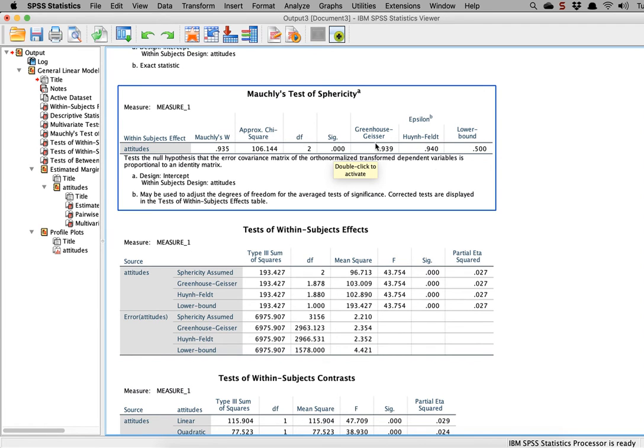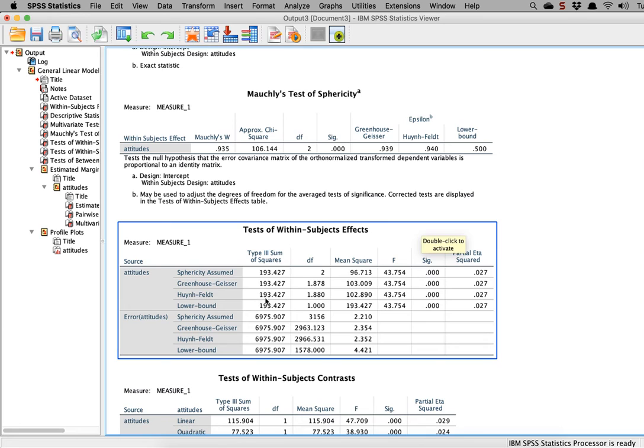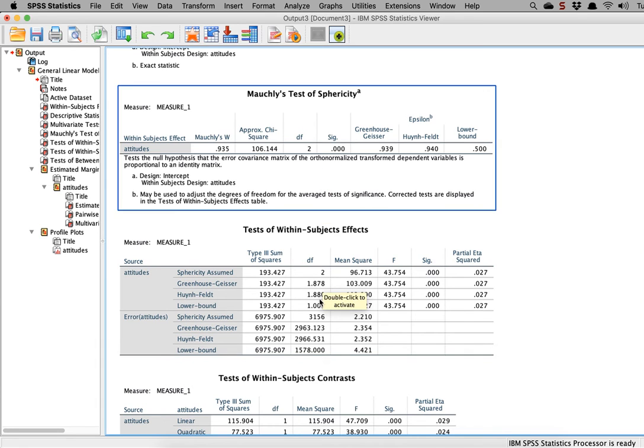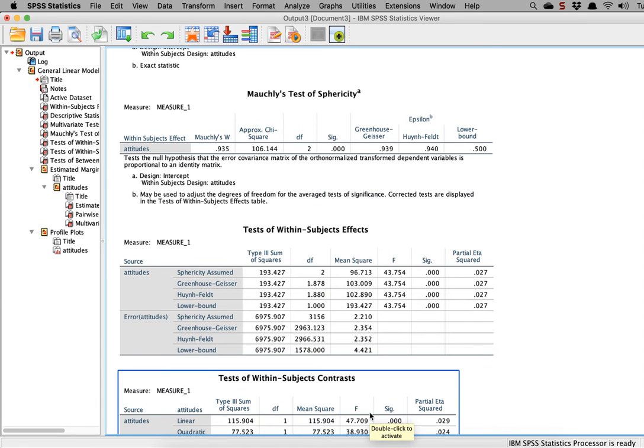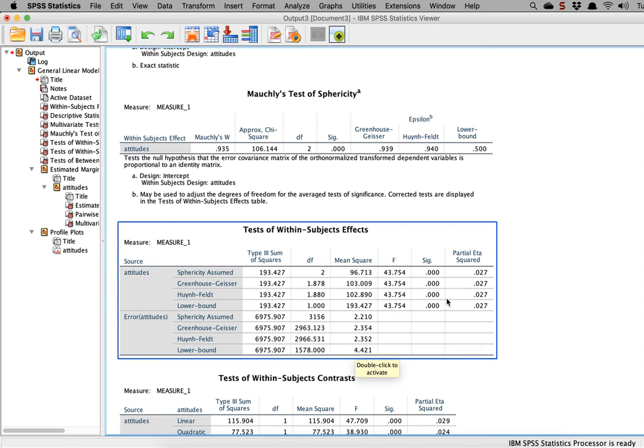So since these values are above 0.75, I'll use this correction and I'll look down here and notice the degrees of freedom have changed from 2 if I assume sphericity, a minor adjustment to 1.8, but I am significant. There's some significant differences between these means.